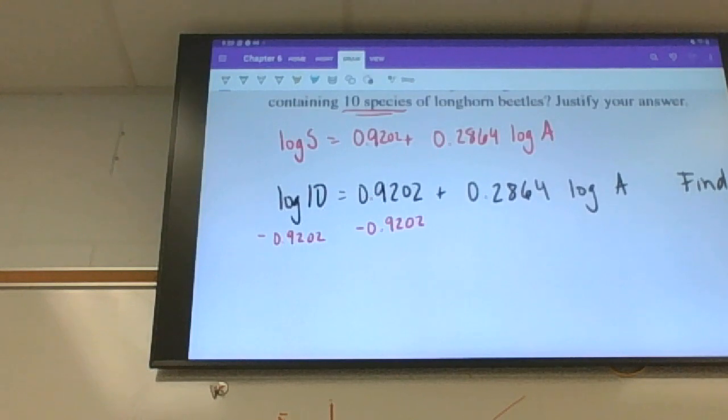And already our equation's looking much more simple. Just do 1 minus 1. Now subtract. You subtract both sides. All right, what's my next move? I'm trying to solve for it. What's my next move? Divide.